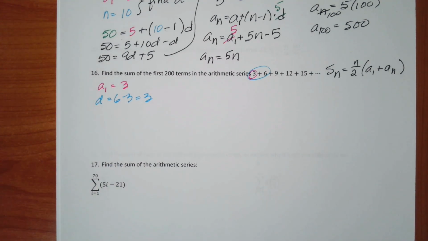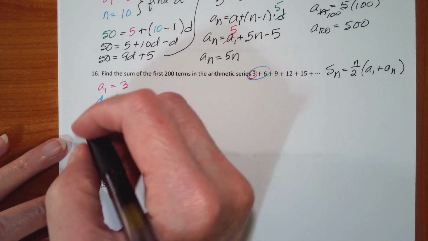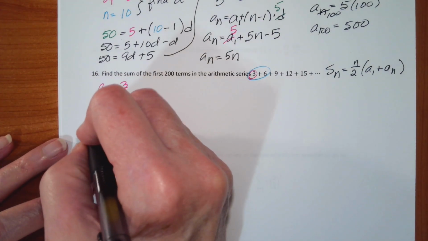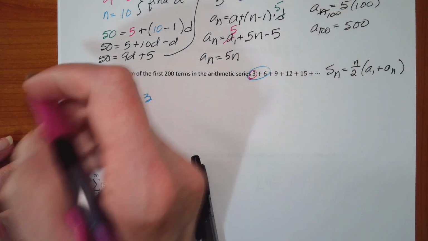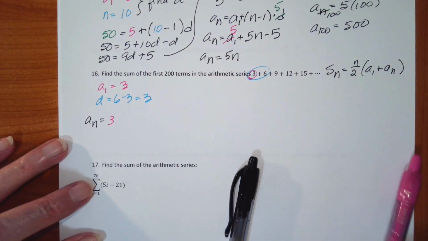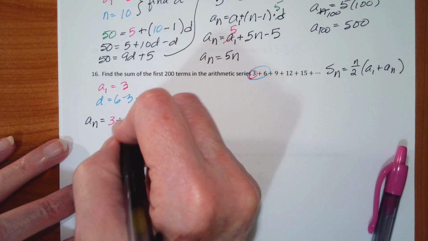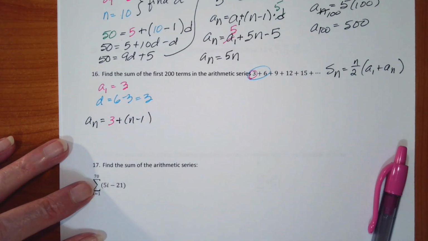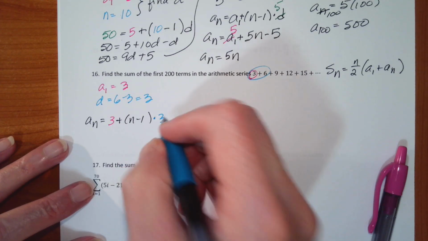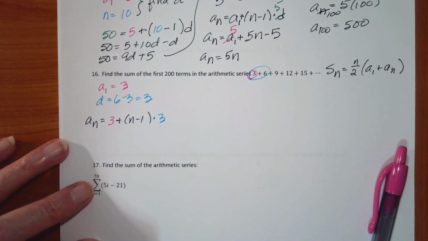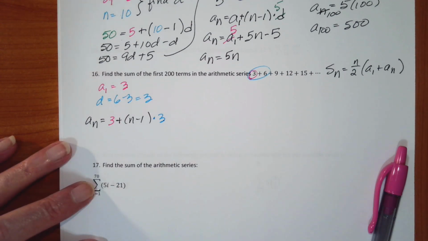So this gives me the formula that a sub n is equal to 3 plus n minus 1 times 3. So now I can find a sub 100.